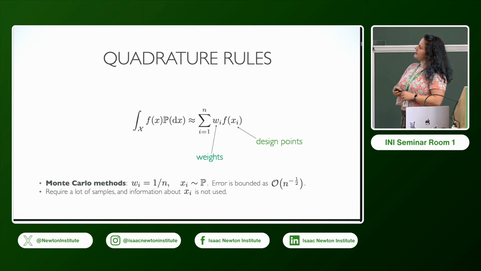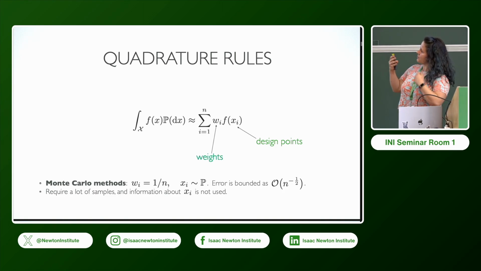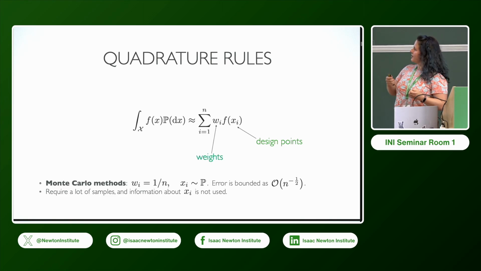A standard approach to this is a vanilla Monte Carlo method where I take the weights to be 1 over n, so I'm weighting all points equally, and the design points are just sampled from the distribution p. And Monte Carlo error is bounded as 1 over square root of n.